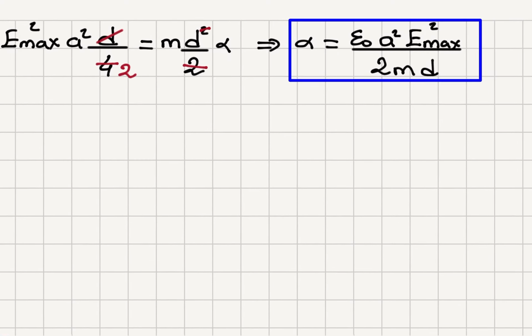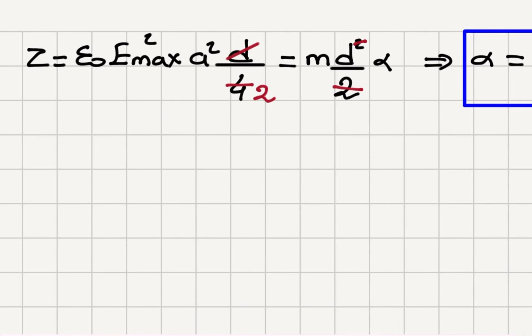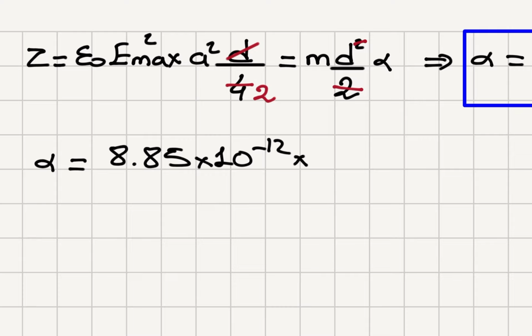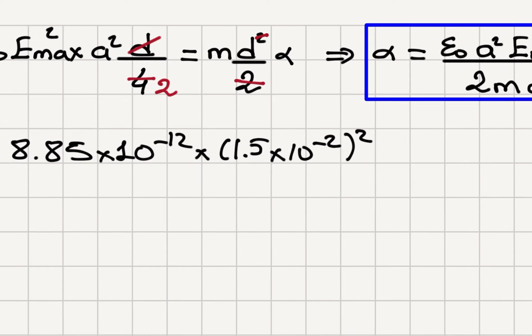Now we can substitute the numbers for alpha. Alpha is equal to permittivity of free space 8.85 times 10 to minus 12 farads per meter, multiplied by A squared, 1.5 centimeters squared.